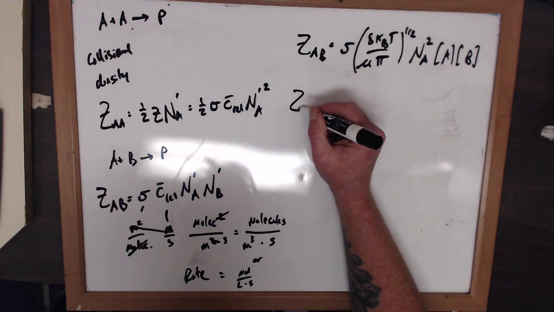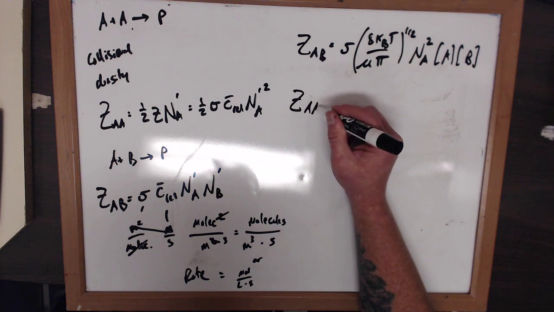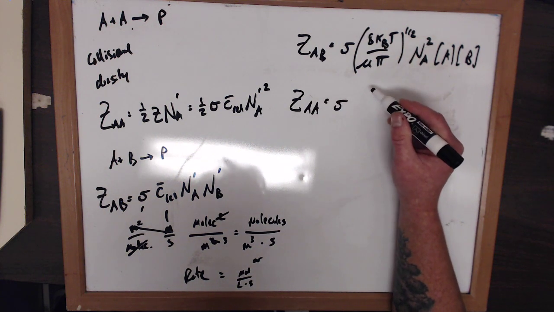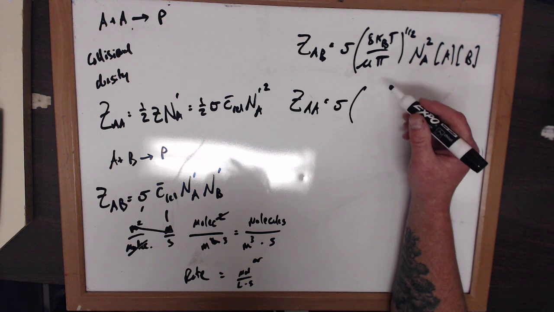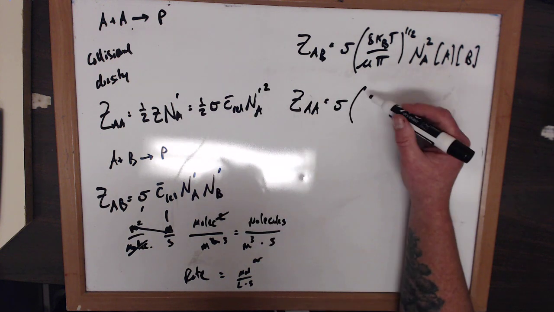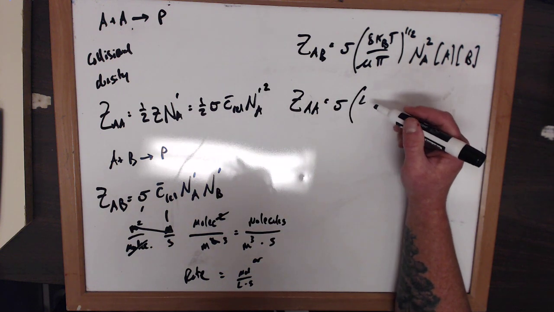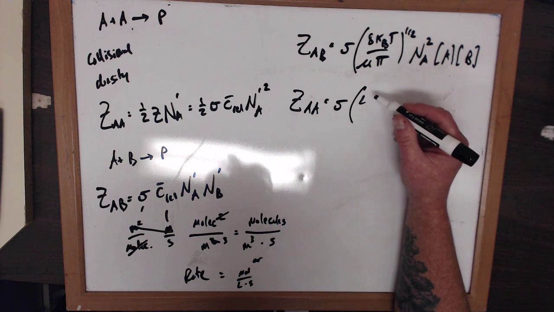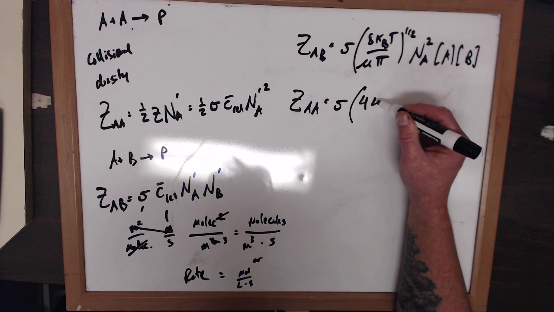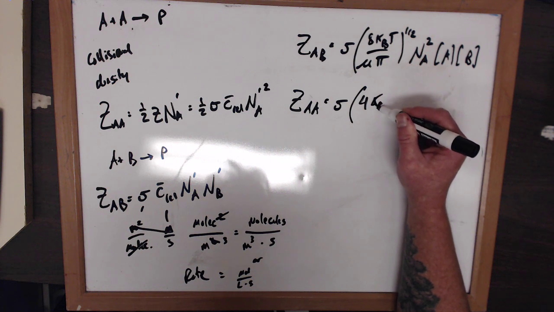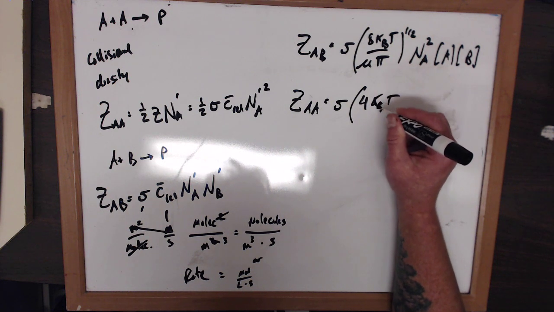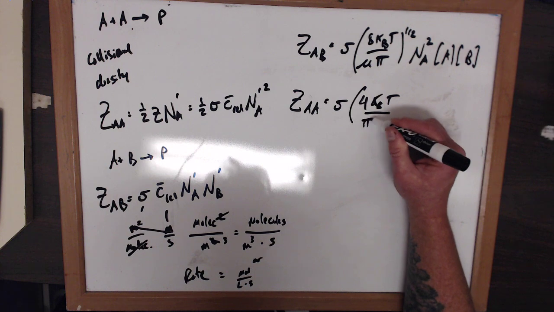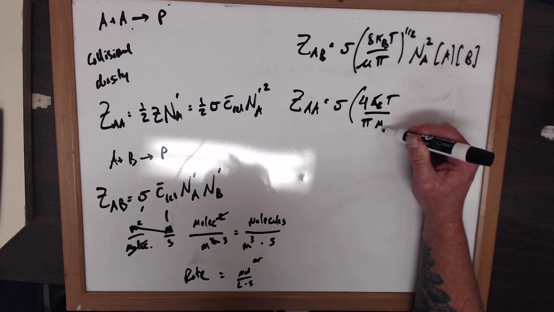And then similarly, our ZAA would be given as sigma, and this is going to work out. I'll distribute the 1/2 through because that also ends up being a square. So that's 4 kBT all over pi times m.